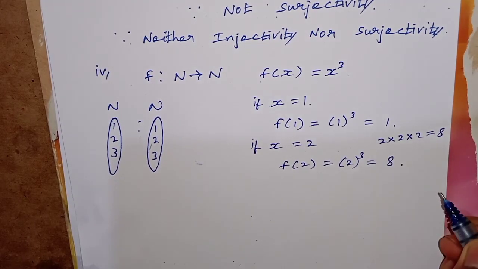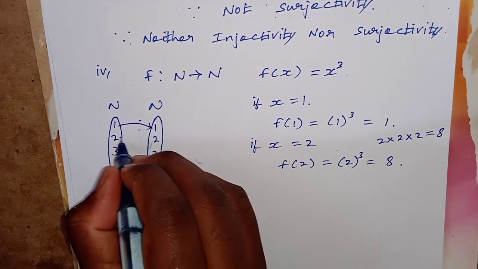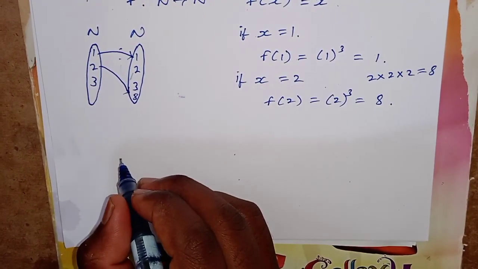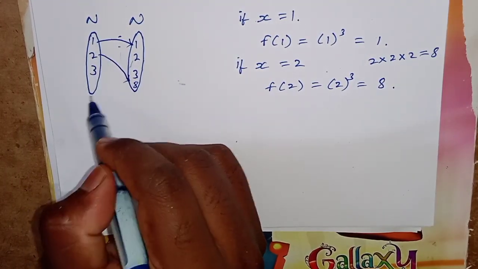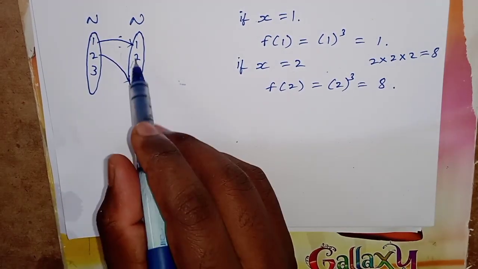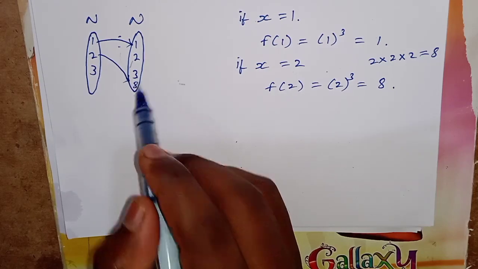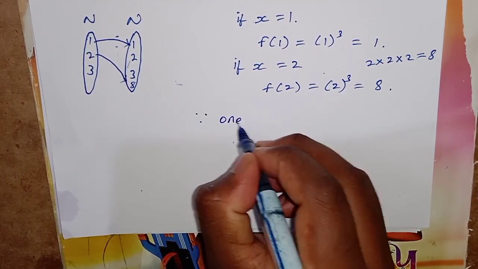So 1 is related to 1, and 2 is related to 8. For checking one-one, in the domain every element is related to only one image in the codomain. Therefore here it is a one-one function.